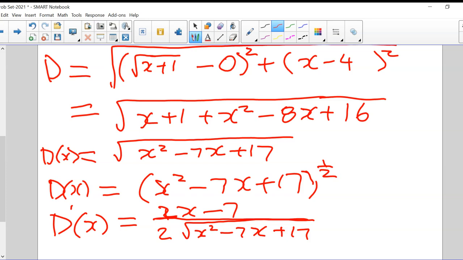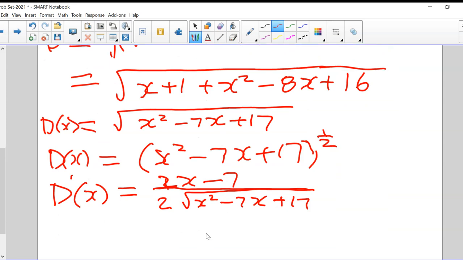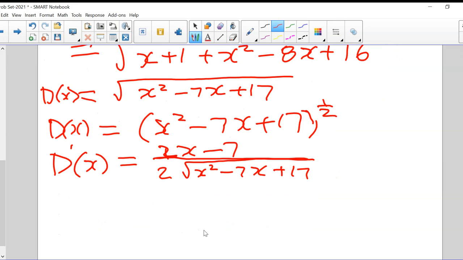I hope everybody's okay with that. The top is going to be 1 times the 2x minus 7, but it's simply going to be 2x minus 7. So what that means is that we now have to set this thing equal to 0.